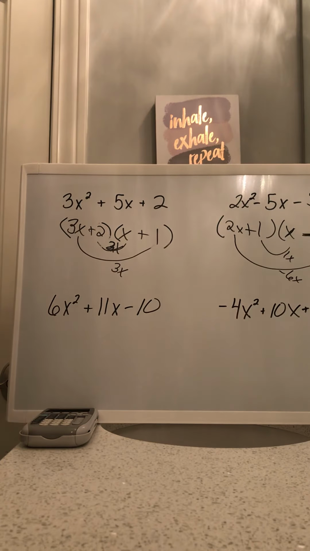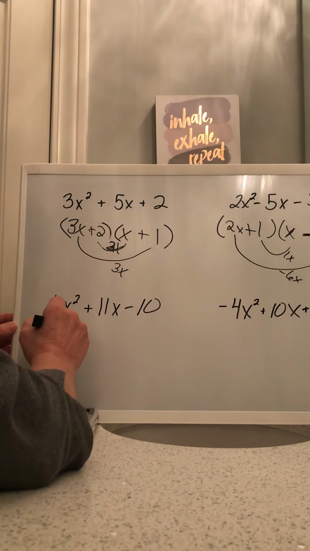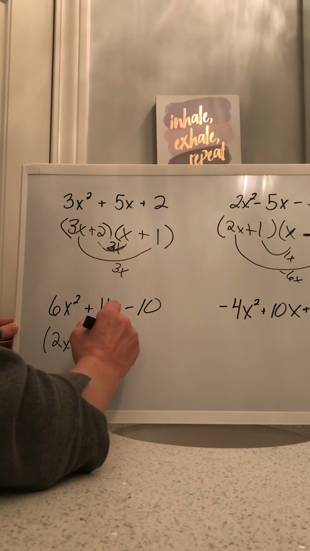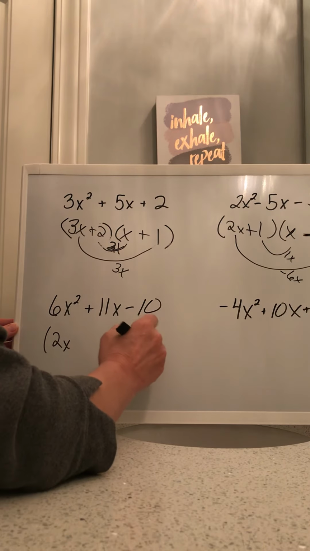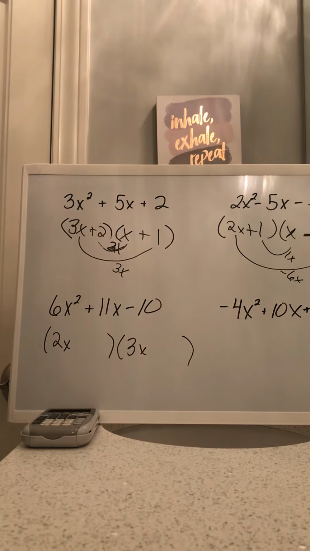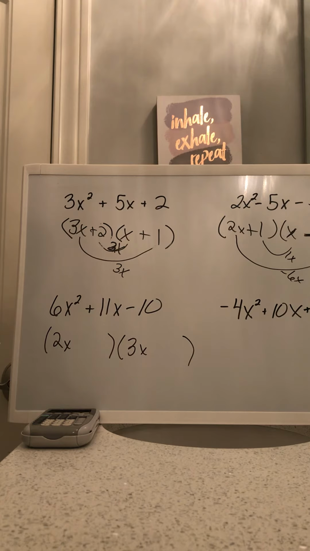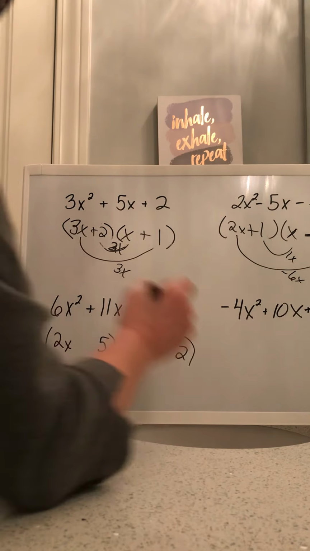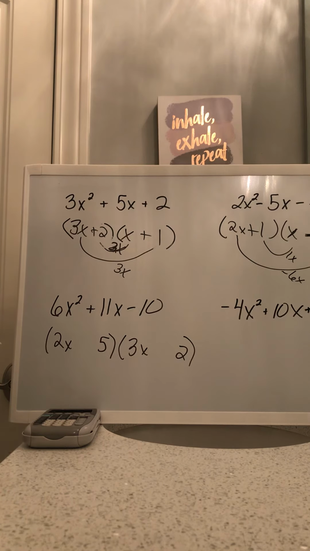Number 3, 6x squared plus 11x minus 10. Honestly, I don't even know the answer. I'm kind of working it out as I go. But if I put 2x and 3x as my factors of 6x squared, now I'm going to think about maybe 5 and 2 as my factors of 10.